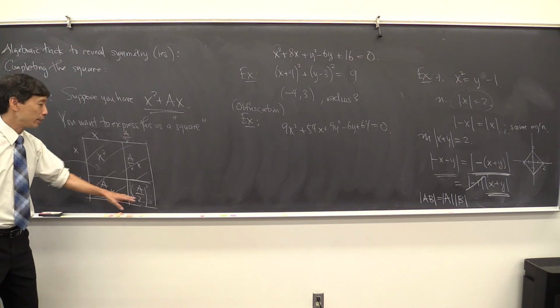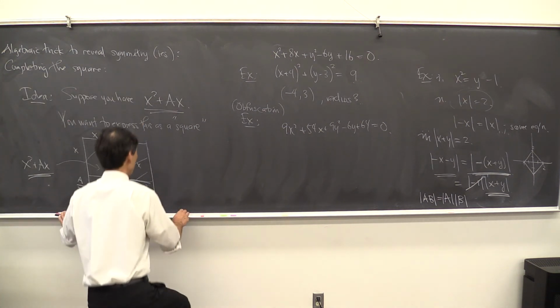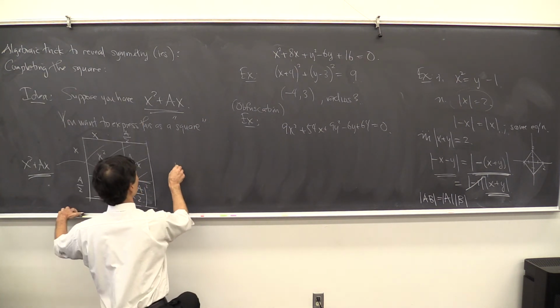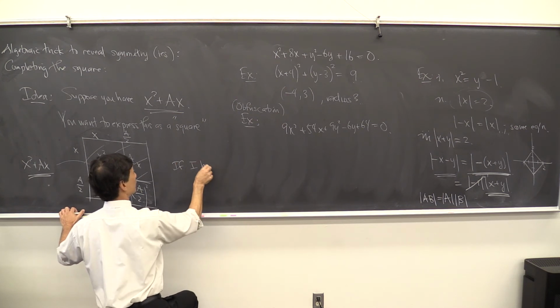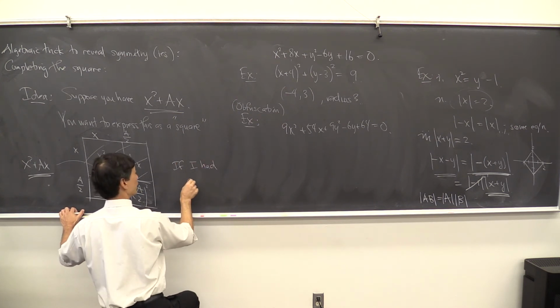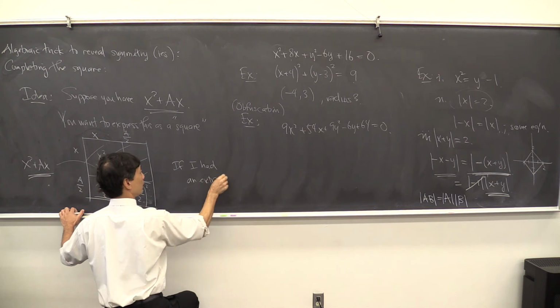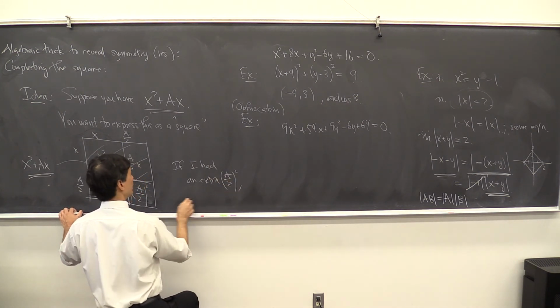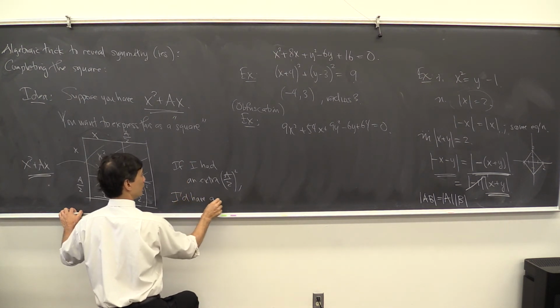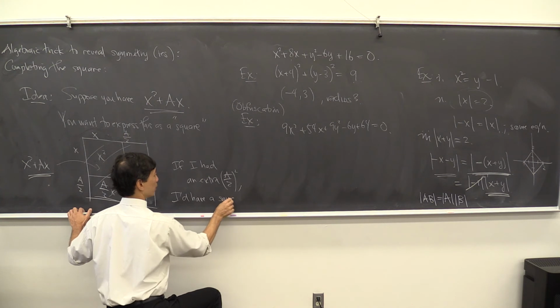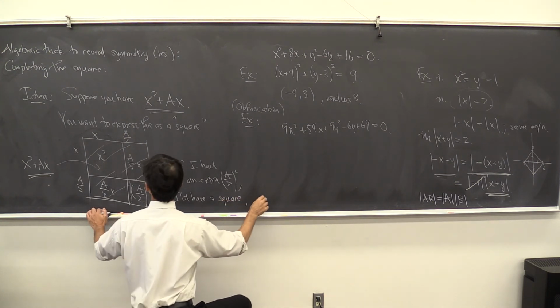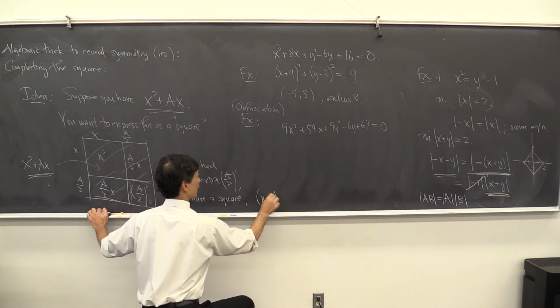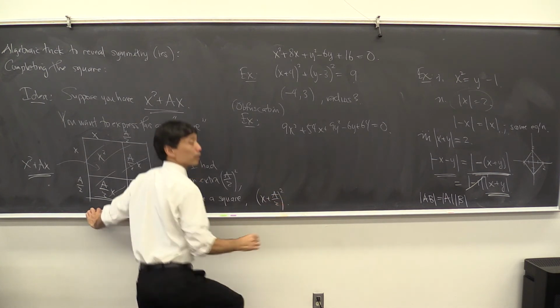So if I had an extra a over 2 squared, that is a squared over 4, then I'd actually have a square, namely x plus a over 2 quantity squared.